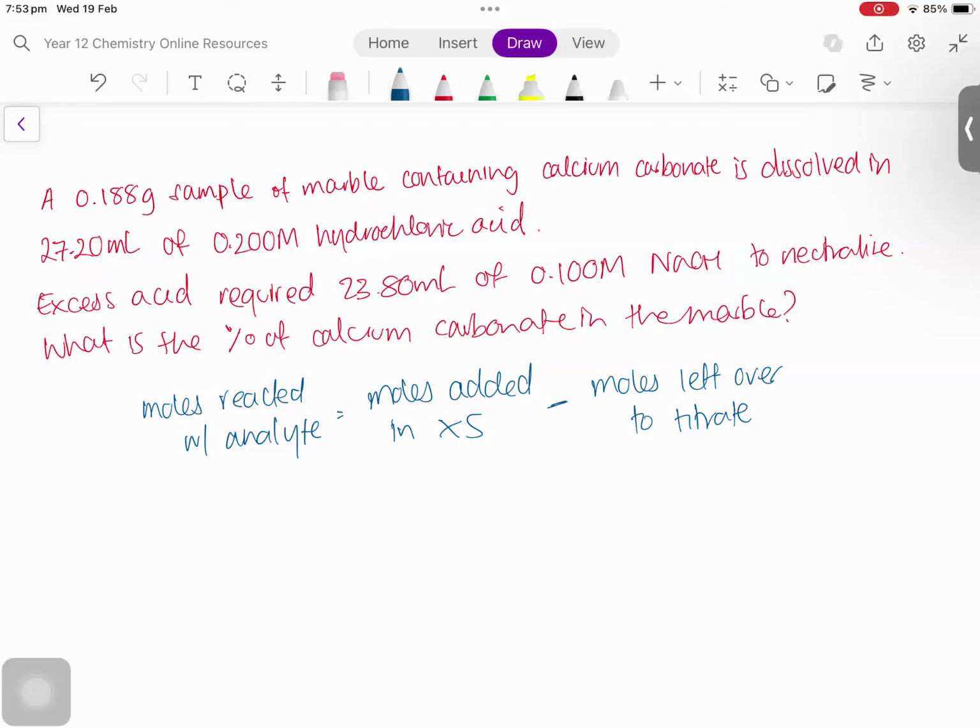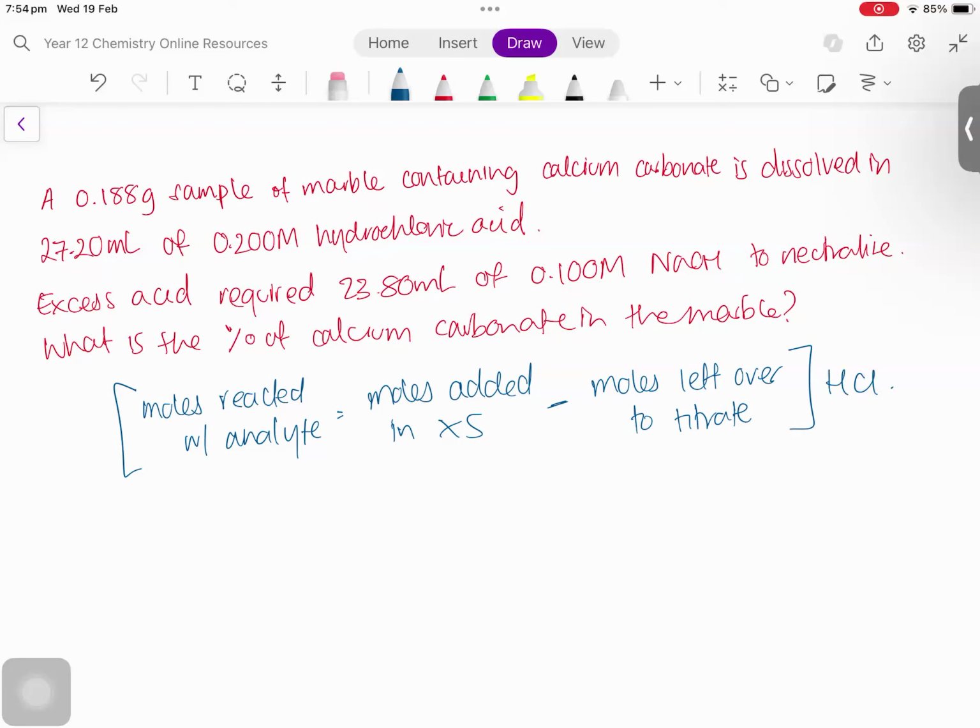And then you're doing this for the chemical that's in both reactions because it has to be added in excess in the first reaction and then left over to titrate in the second reaction. So what are we calculating this for then? Which chemical out of the 3 that you've identified is involved in both halves of the question? The HCl. So this time I'm doing it for the HCl.